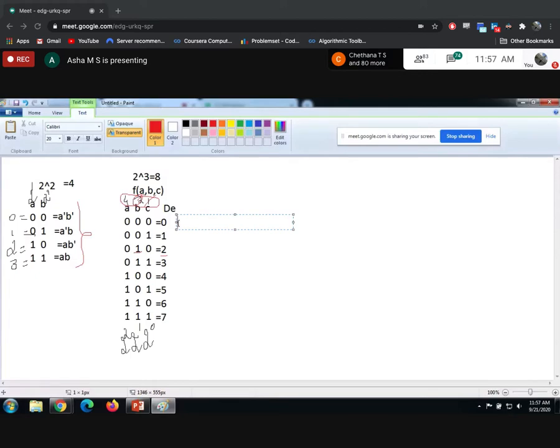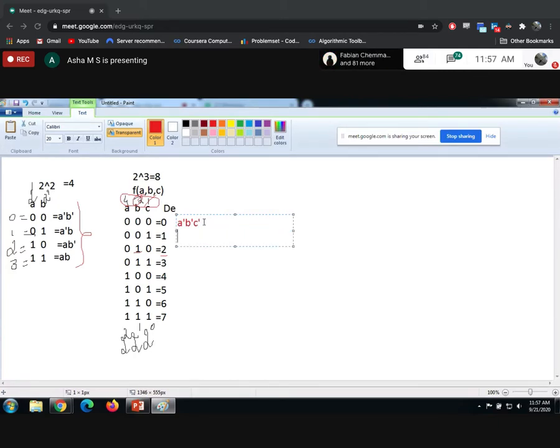Here all the 3 bits represent 0, so it's A bar, B bar, C bar. Because all of A, B and C consist of 0, it is represented by A dash, B dash, C dash in terms of minterms, the fundamental products.